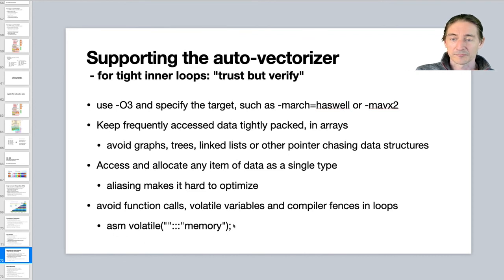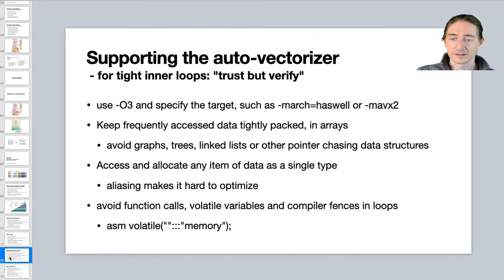So this tells the compiler that there may be changes inside of this instruction, right? Parts of memory may change. So you can't rely on whatever you loaded from memory over here to be the same over here. And you can't really reorder instructions across this fence.